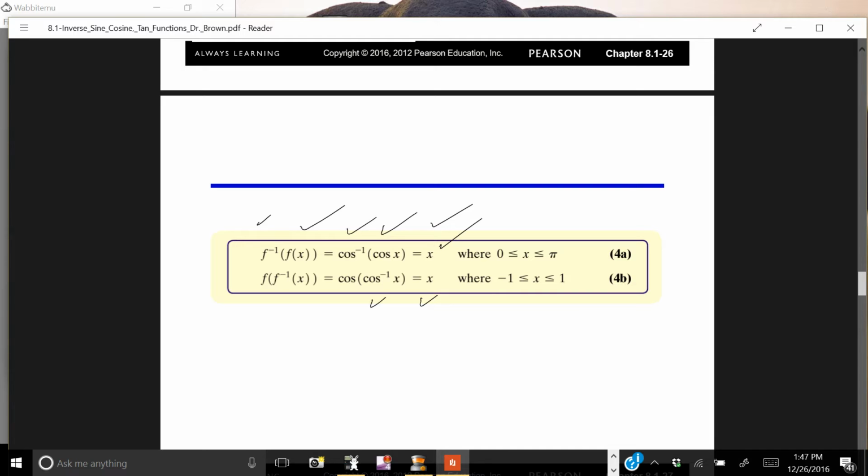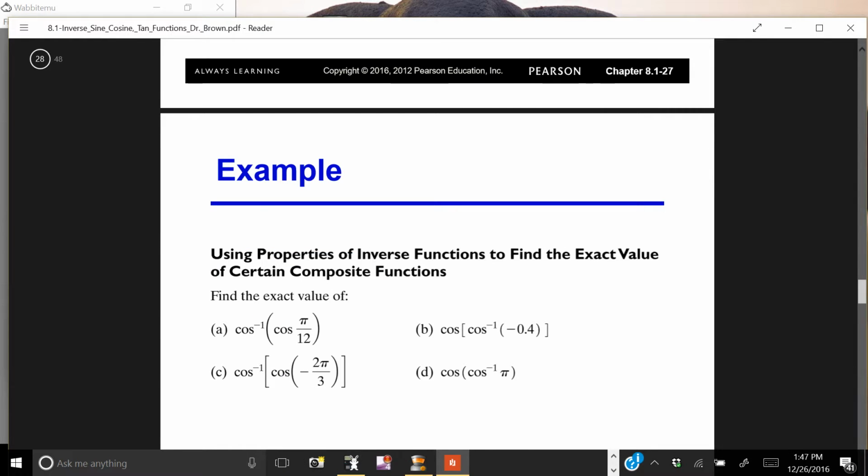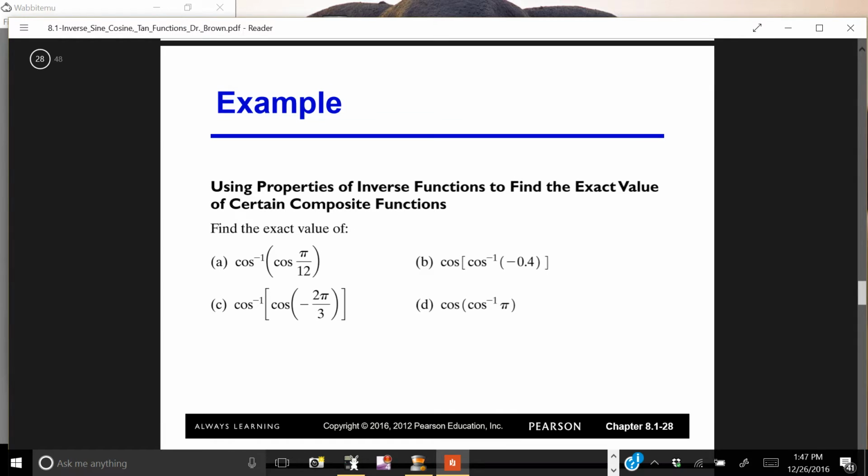These are just properties of an inverse function where the function is equal to cosine of x. Now, we're going to calculate using the properties of inverse functions to find the exact values of these composite functions.